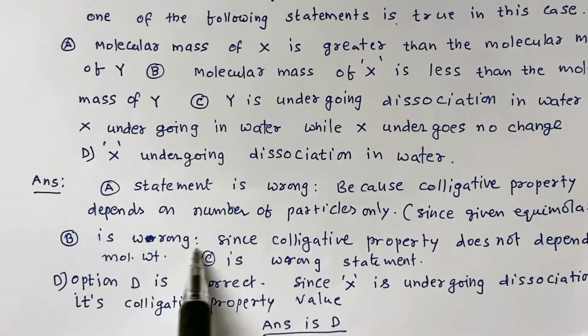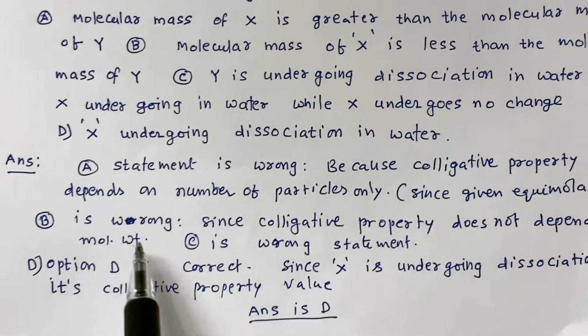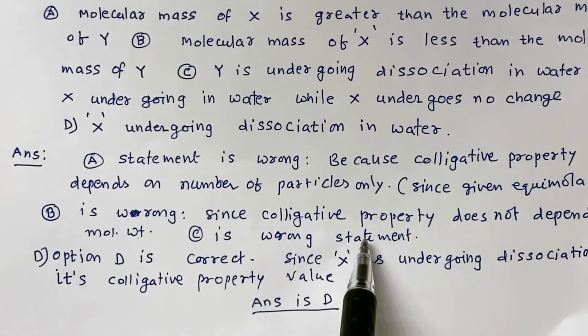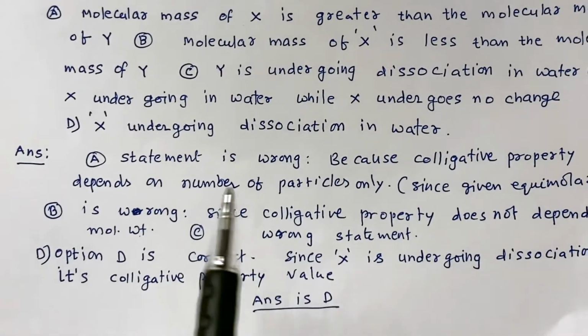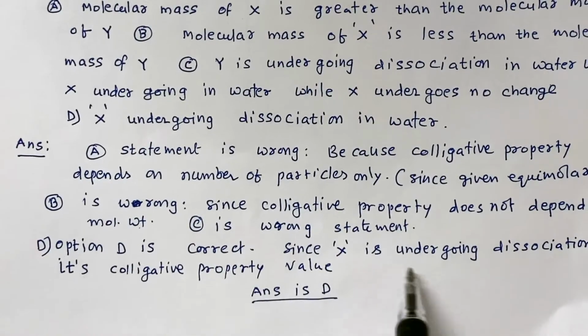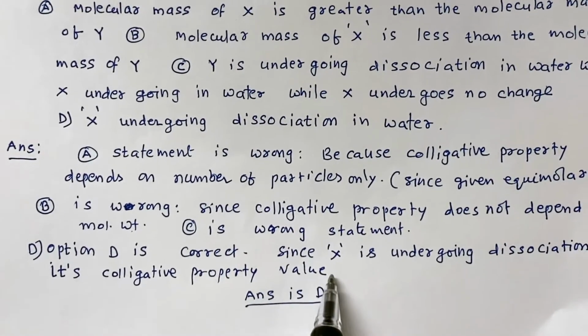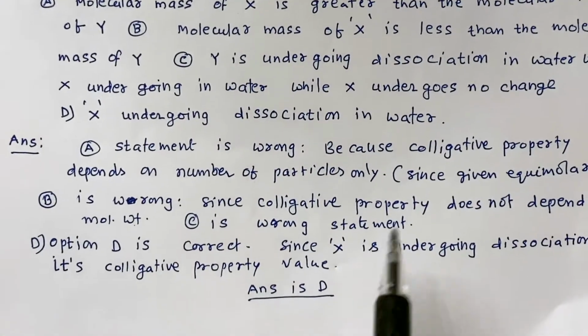B is wrong since colligative property does not depend upon the molecular weight. C is also a wrong statement. Option D is correct since X is undergoing dissociation and its colligative property value will be higher.